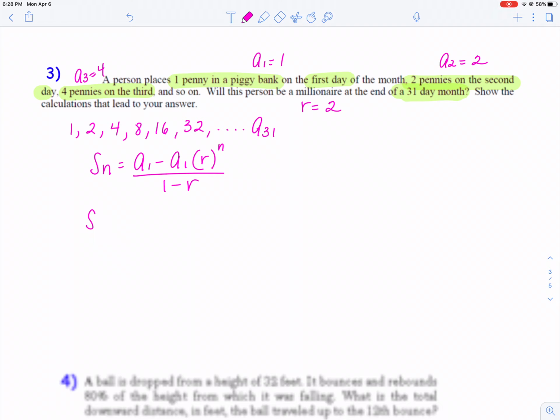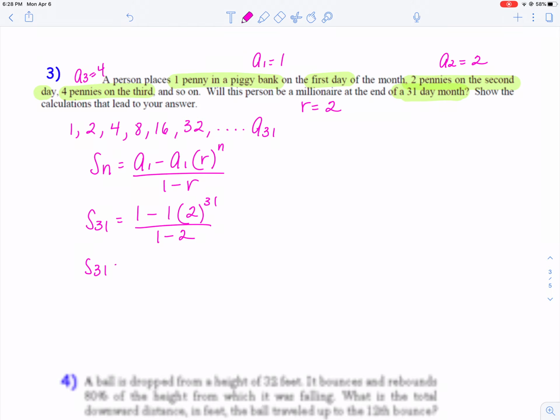So instead of n, I know n has to be my 31 days. My a sub 1 was my 1 penny, minus 1 times my common ratio, which is 2, raised to the 31st power, over 1 minus my common ratio of 2.